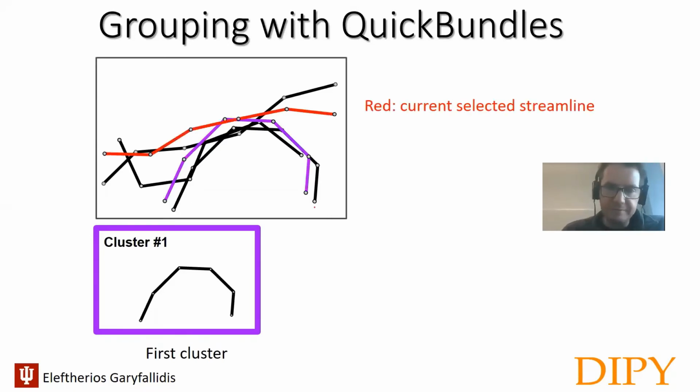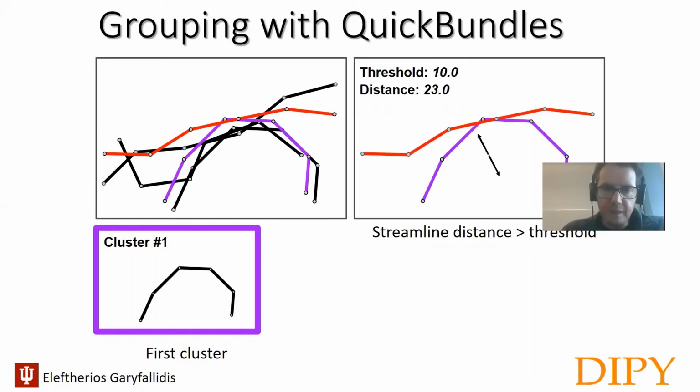Then you pick another one, the one with the red here. You compare it with the existing cluster, and you can see that the MDF distance between them is 23, but the threshold that we have set is 10. Given that that is bigger, the red streamline will become a new cluster. So this is the new cluster.